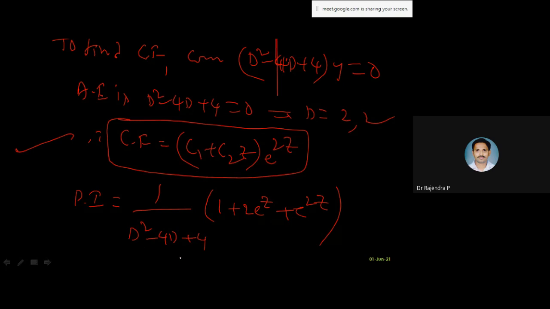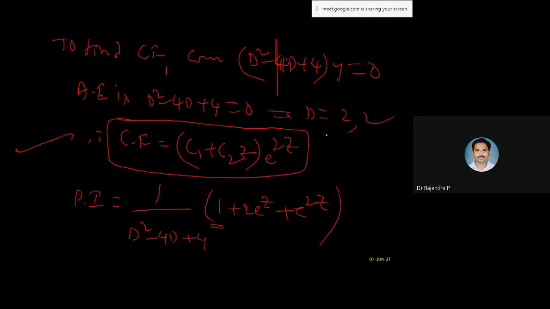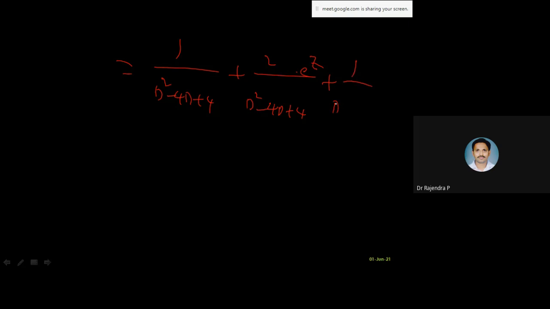Now I'm taking these results: 1 by D square minus 4D plus 4 into 1, plus 2 by D square minus 4D plus 4 into e power z, plus 1 by D square minus 4D plus 4 into e power 2z.